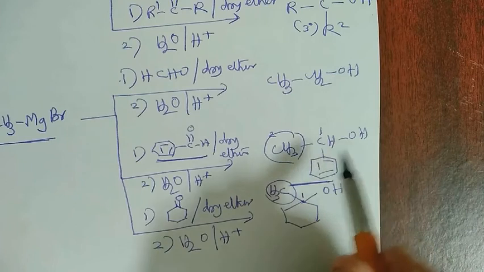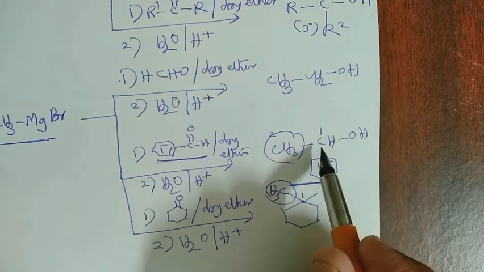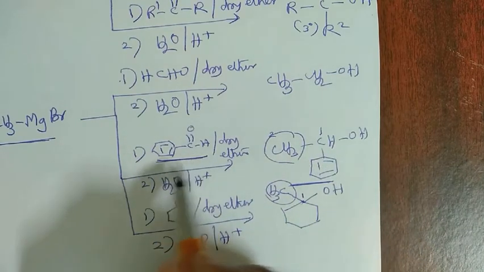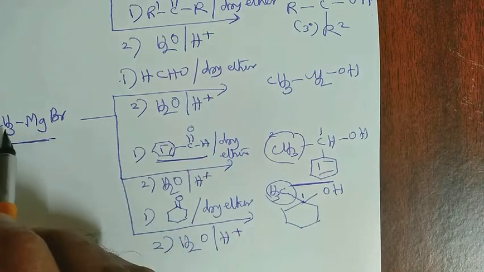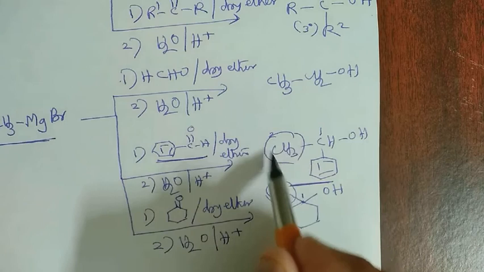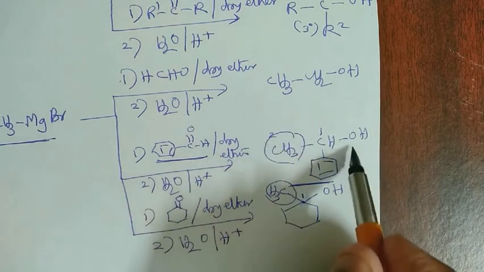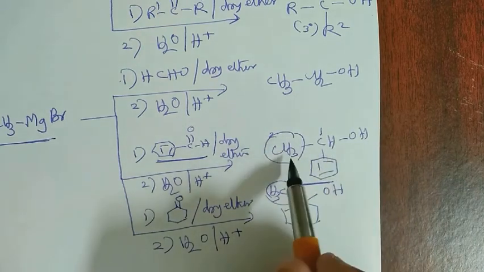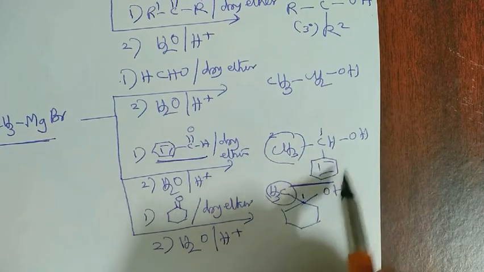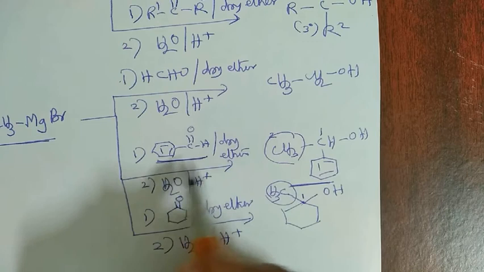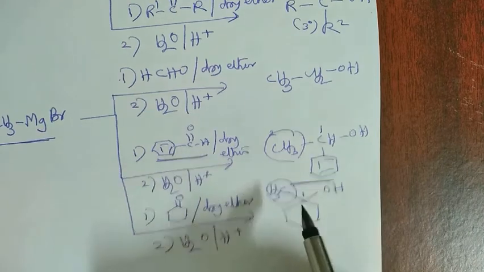1-phenyl ethanol is a secondary alcohol, so the carbonyl compound should be an aldehyde. Since the Grignard reagent is methyl magnesium bromide, the methyl group in the structure of the secondary alcohol comes from the Grignard reagent. So the aldehyde must have a phenyl group, so the aldehyde is benzaldehyde.